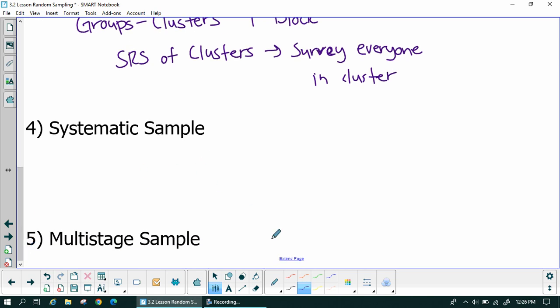A systematic sample is one where we assign everyone numbers. So everyone gets a number. And then what we would want to do is randomly generate a starting point.